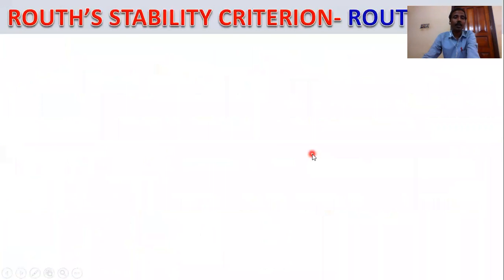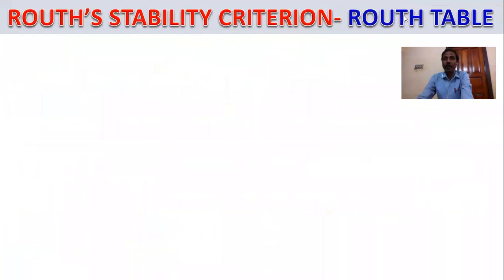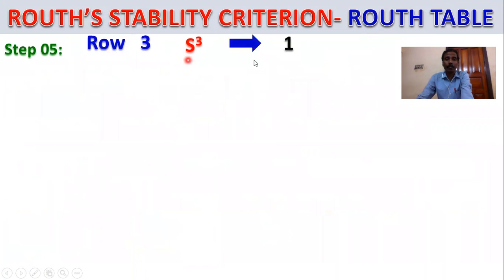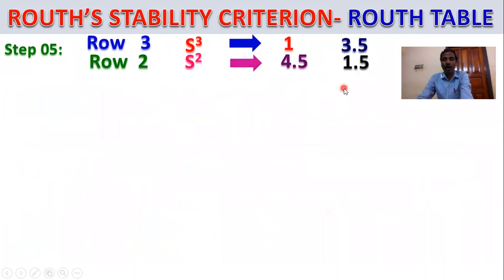Then the necessary and sufficient condition, the Routh Stability Criterion. Step number 5: construct the Routh table. Row 3, s cube, has 1 and 3.5; row 2, s square, has 4.5 and 1.5.